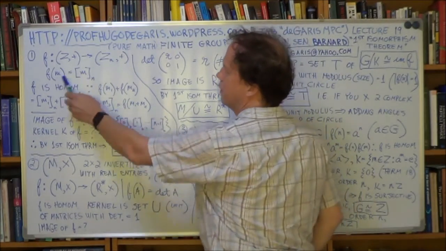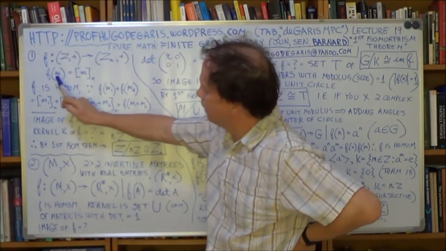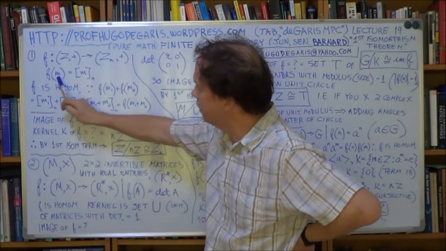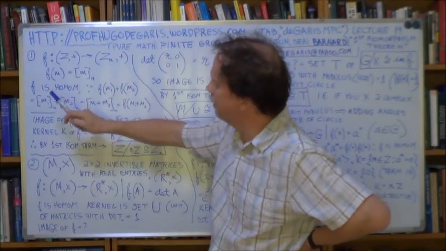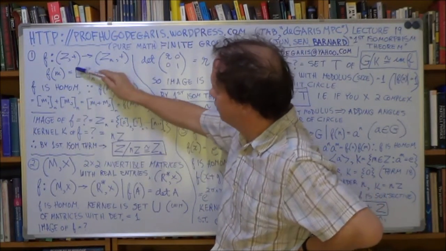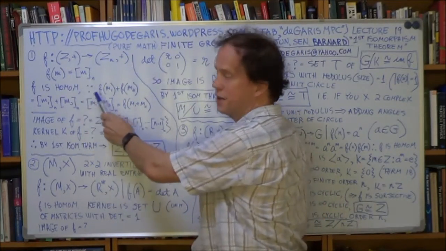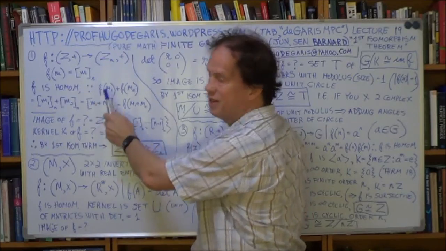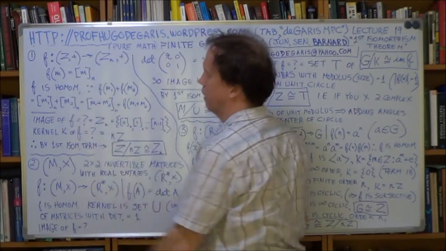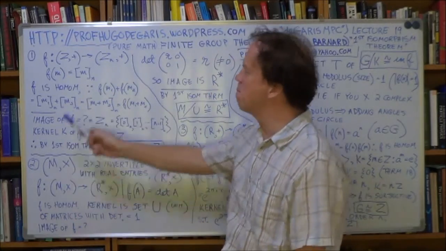Here's your mapping in terms of elements: you take this integer m belonging to Z, and you map that with f into a residue class, and the residue class is m mod n. Okay, so that's your mapping. All right, so let's go through the recipe.